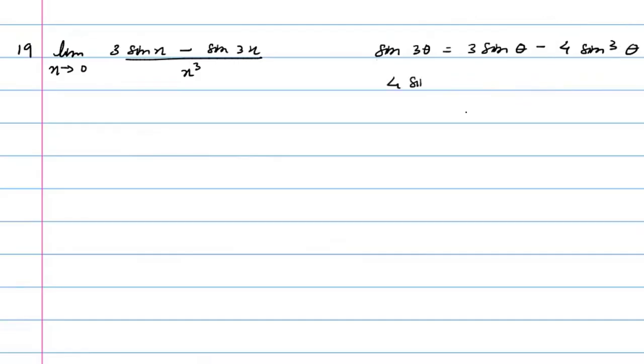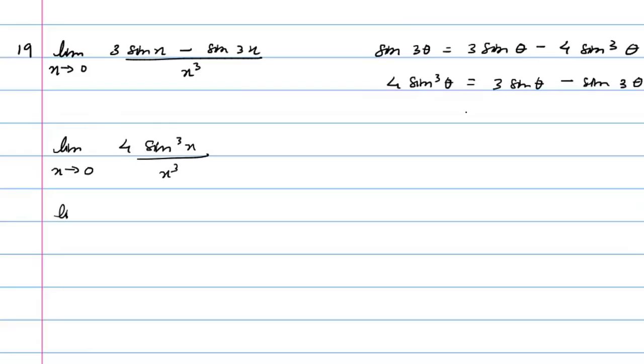We get 4 times sine cube theta as 3 sine theta minus sine 3 theta. So that can be applied here. So we get limit x tends to 0, 4 sine cube x upon x cube, which can be written as sine x upon x the whole cube. And taking the limit, the answer is 4.